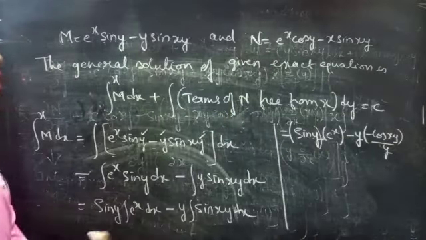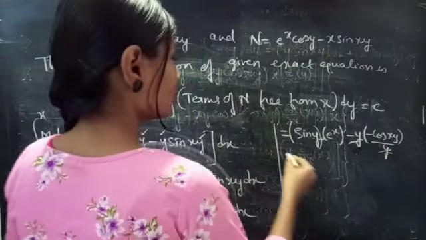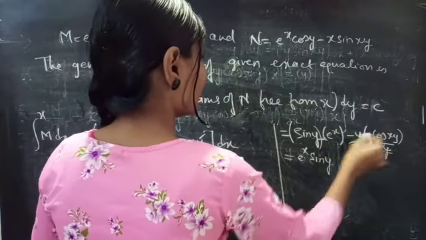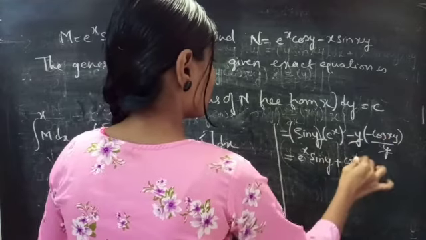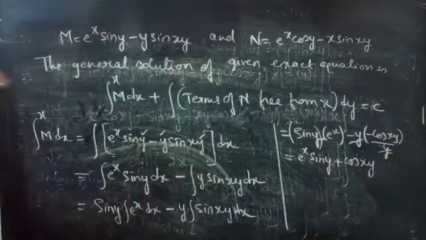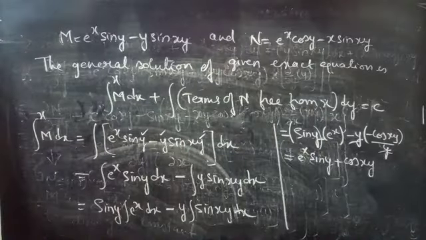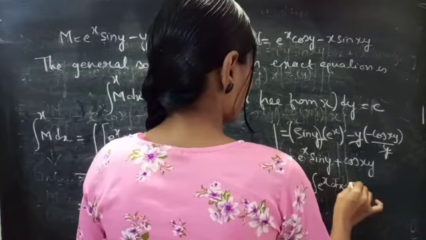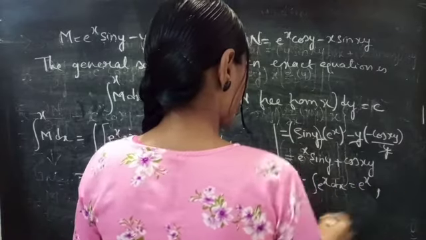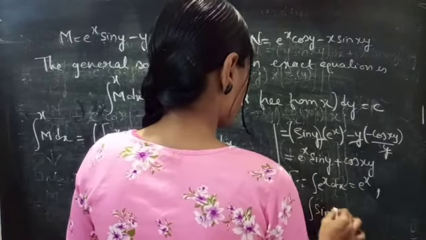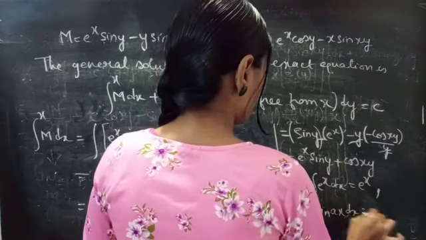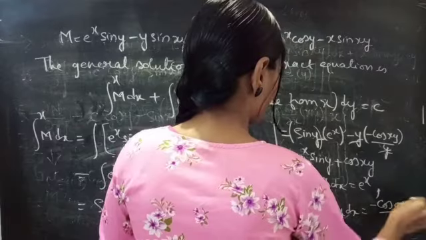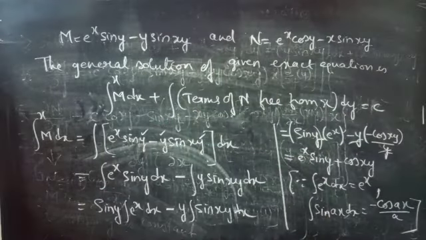So here y gets cancelled. This is equal to e^x sin y minus into minus, plus cos xy, since the integral of e^x dx equals e^x and the integral of sin ax dx equals minus cos ax by a.